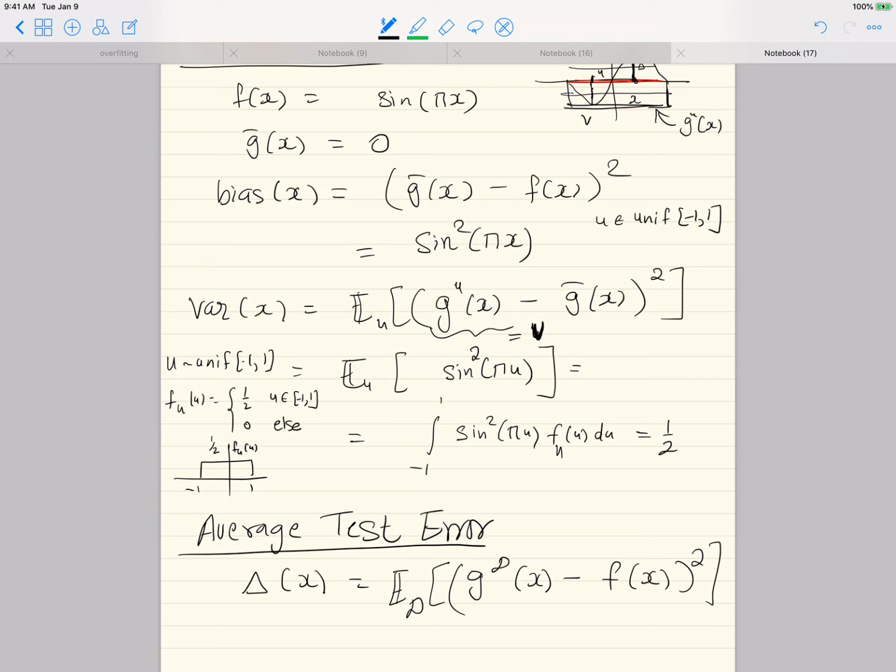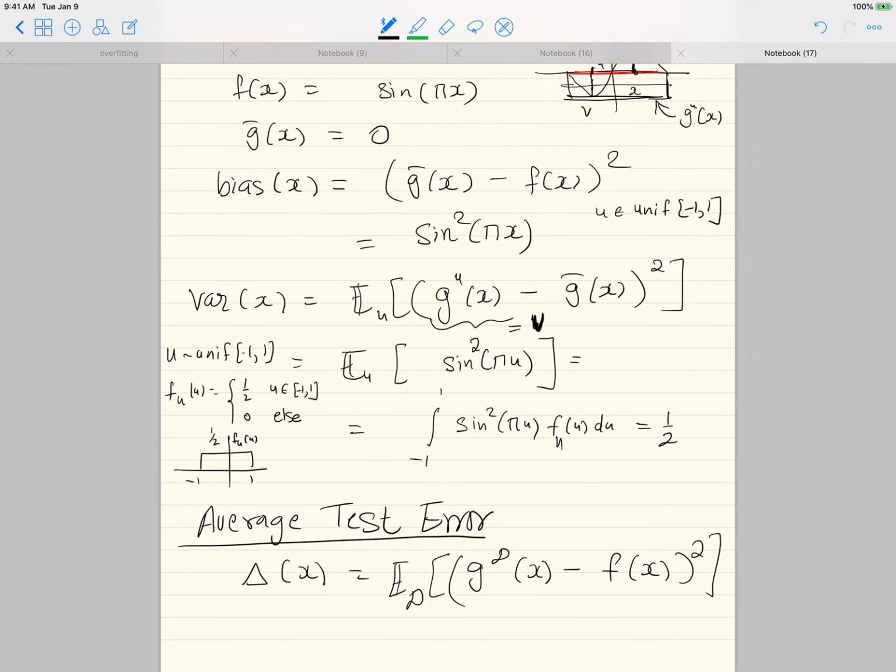You take the difference between g_D and the ground truth, so that is your error at x, and you square it. In delta of x, we take the expectation with respect to D for a fixed x.